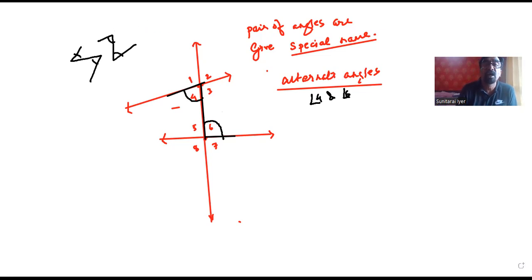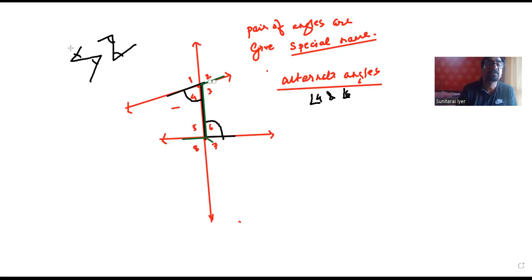And you can see another pair, which I'll show in green color. Now, the reversed Z: can you see this green color Z formation, children?